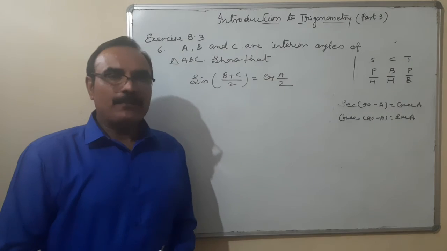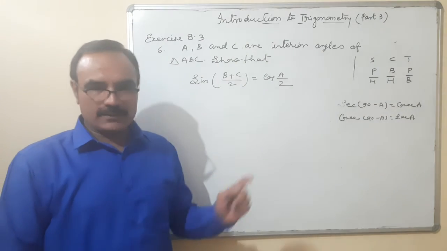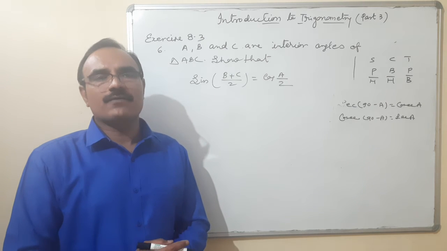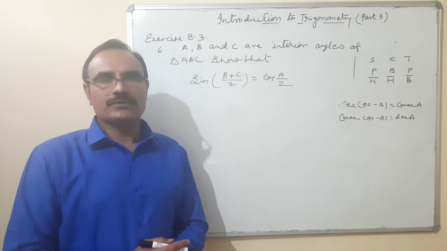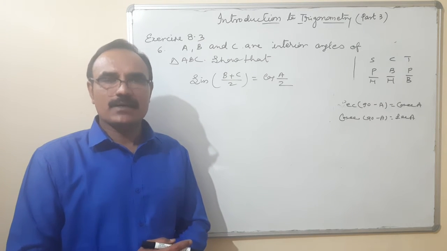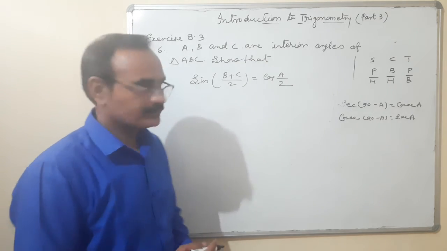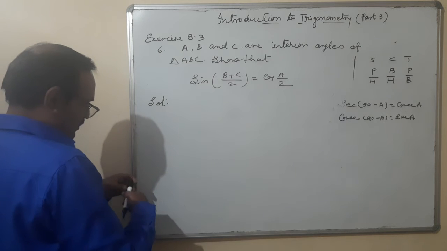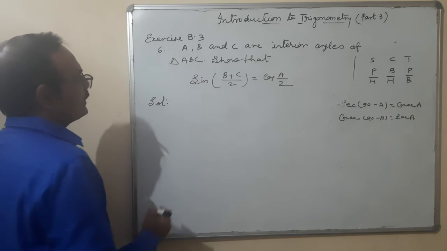The important part of this question is the first line, which says ABC are three interior angles of a triangle ABC. You know that by angle sum property, the sum of three angles of a triangle is equal to 180 degrees.